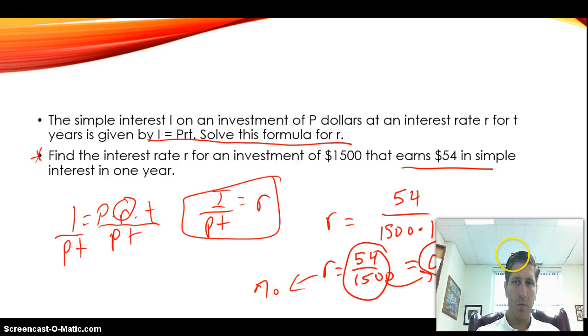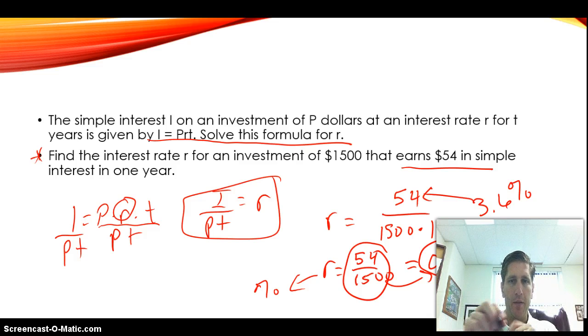So if this is a decimal, we can multiply this by 100 or move the decimal twice, and that will give us our percentage of 3.6%. So if you put $1,500 into a bank at 3.6% interest rate, and for 1 year you should gain roughly $54 in interest on that. Okay, so that's what that means.